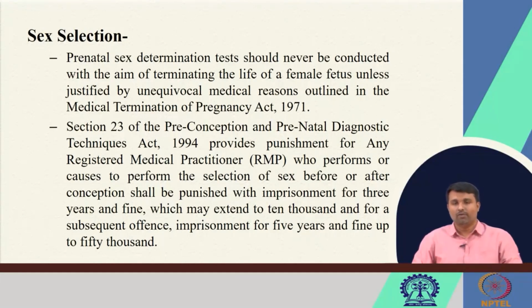Section 23 of the Preconception and Prenatal Diagnostic Techniques Act 1994 provides punishment for any registered medical practitioner who performs or causes to perform the selection of sex before or after the conception shall be punished with imprisonment for 3 years and fine, which may extend to 10,000, and for a subsequent offence, imprisonment for 5 years and fine up to 50,000.